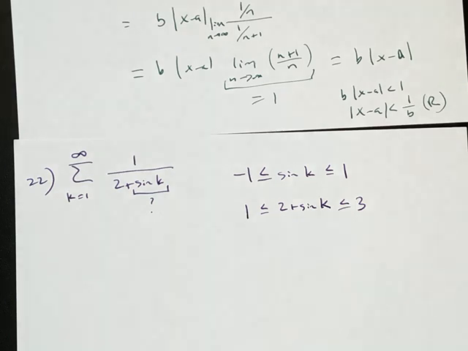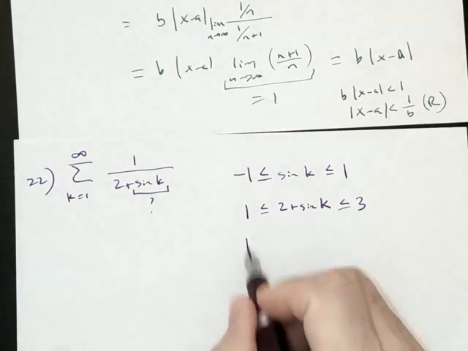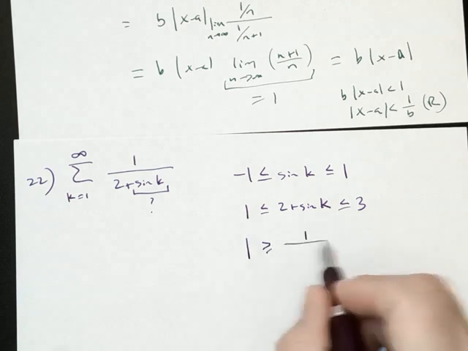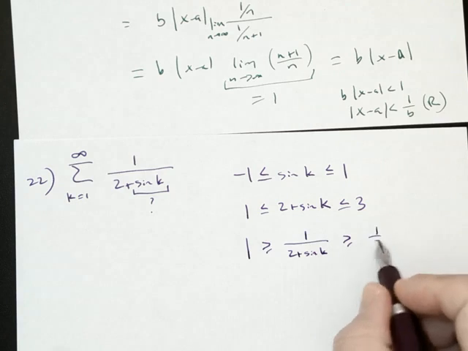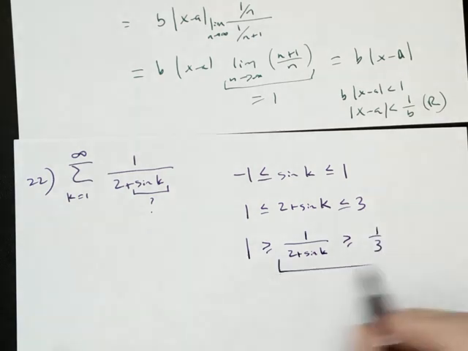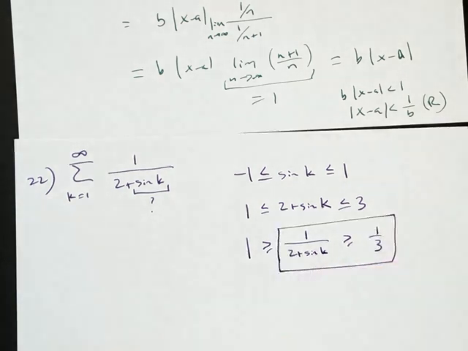And if I put 1 over, I'm going to reverse all of those inequalities, aren't I? Wait a second here.